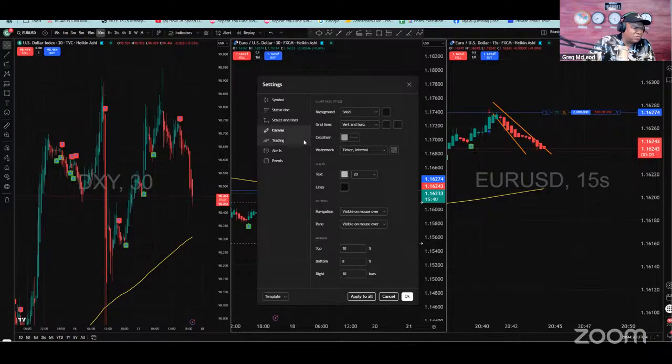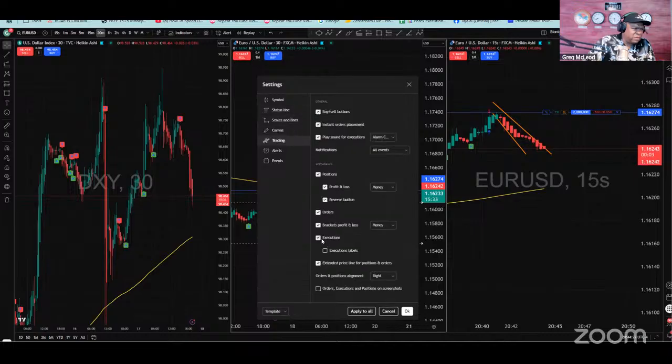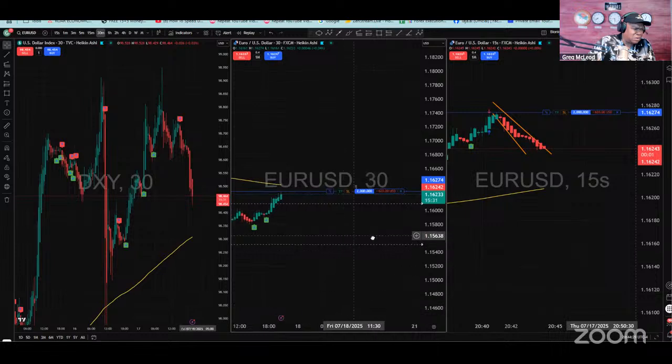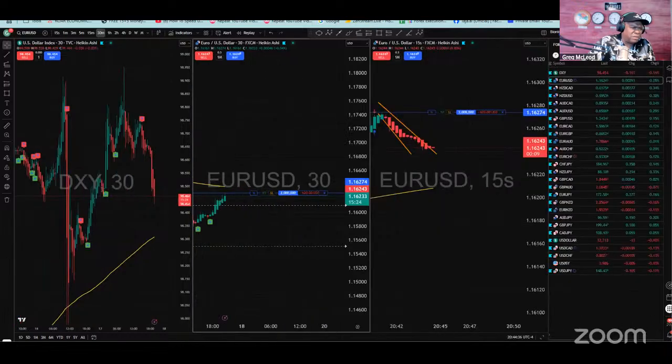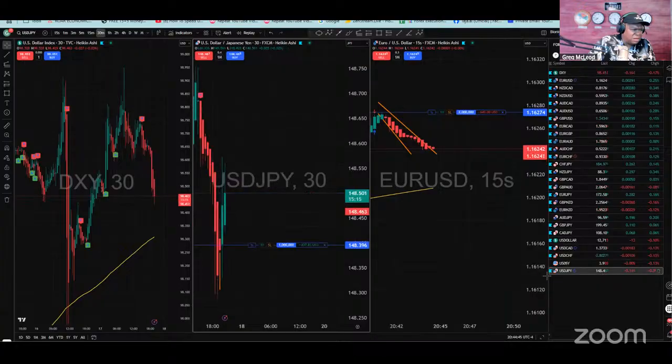Oh, I got another trade going on somewhere. I can see what's going on. Still got a green arrow, but I have a Euro Swiss. Oh, I think the Euro Swiss may be going the wrong way, or dollar yen. Oh, dollar yen. Look at that. Woo-hoo. 400 up. Take it. Nice.